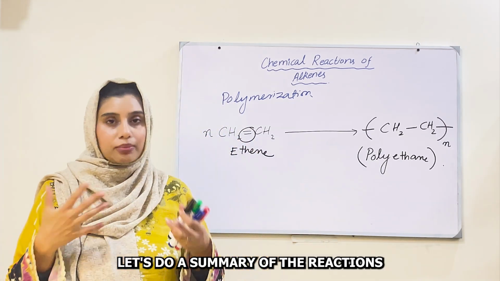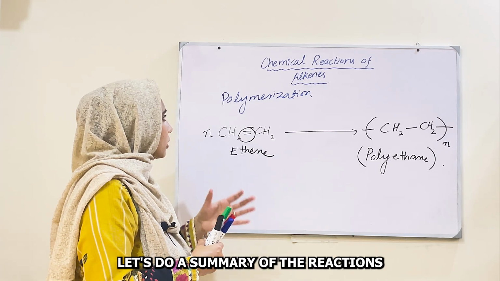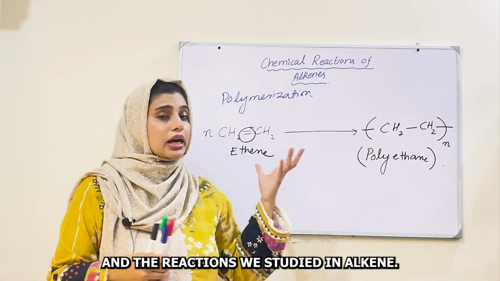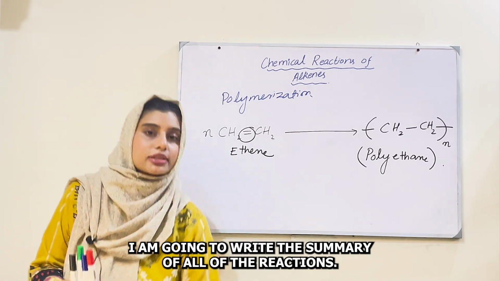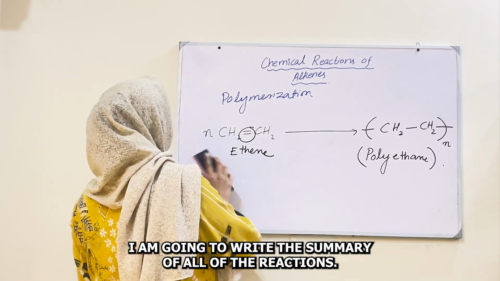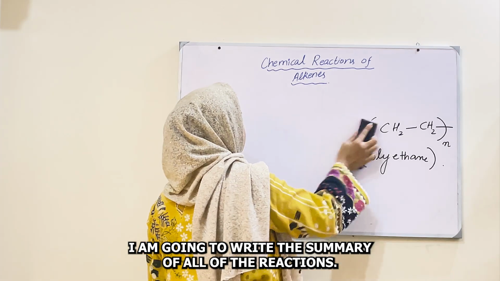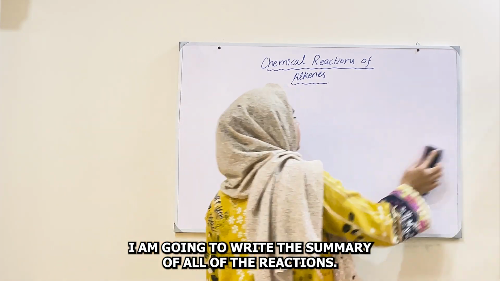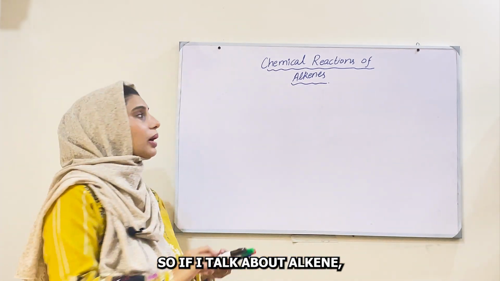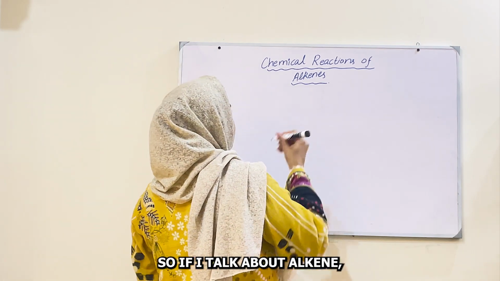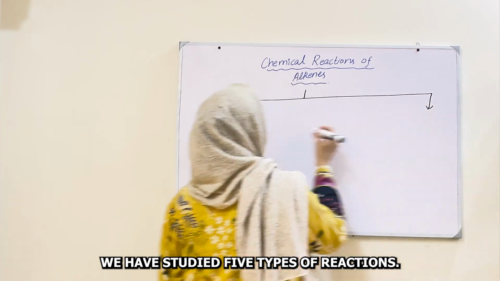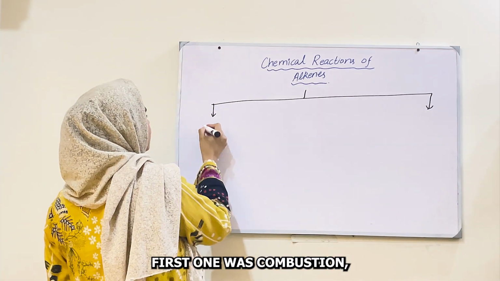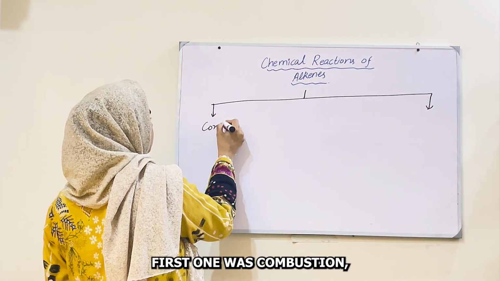Let's do a summary of the reactions. In the reactions which we studied in alkene, I am going to write the summary of all of the reactions. So if I talk about alkene, we have studied 5 types of reactions. First one was combustion.